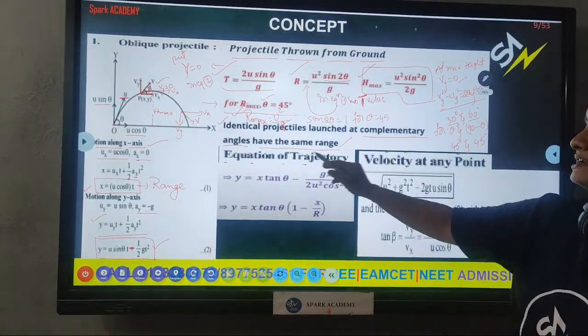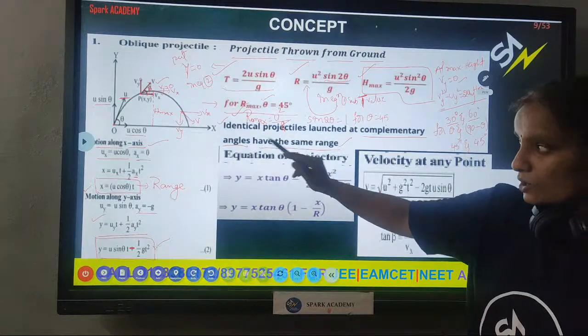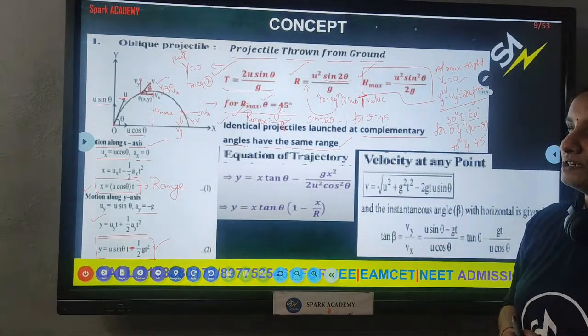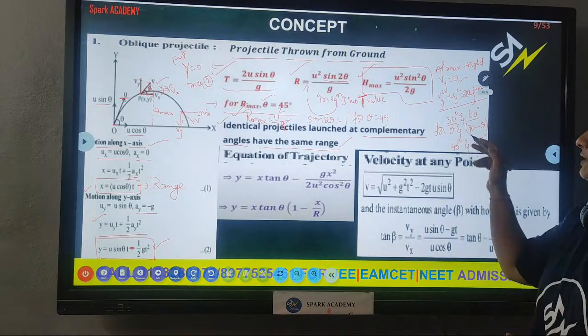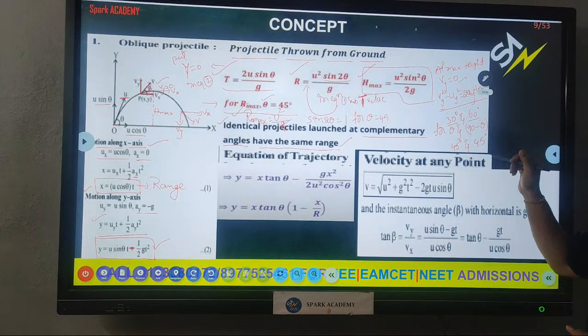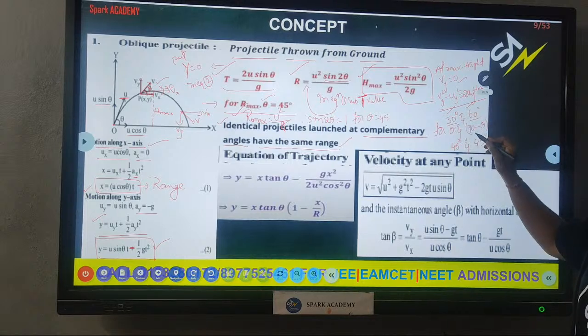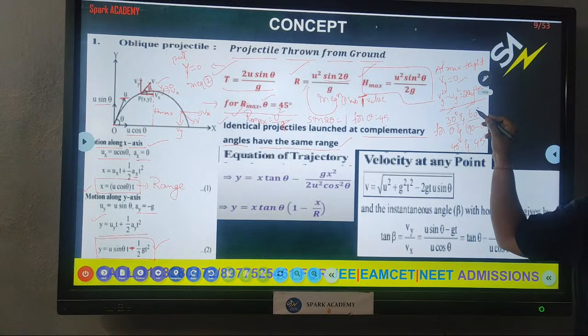So for complementary angles, the object can cover the same maximum horizontal distance for both angles. The best example you can consider here is 30 degrees and 60 degrees. If it is 60, then 90 minus 60 will be 30.